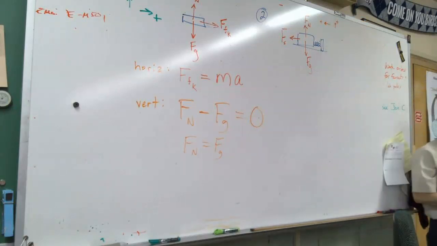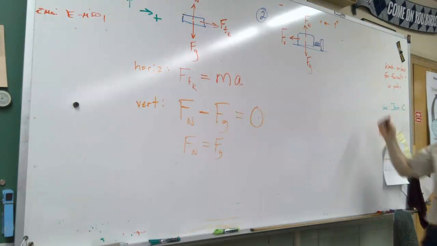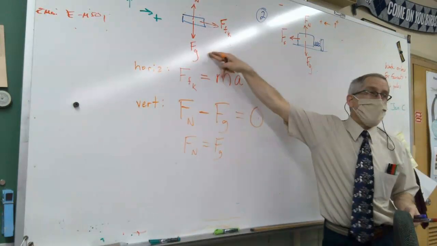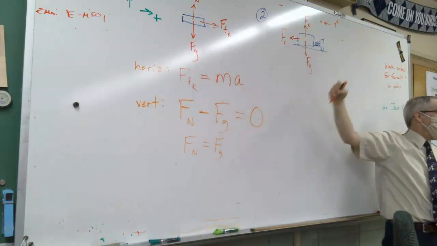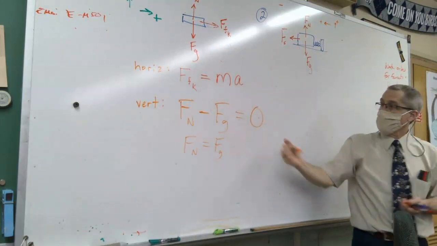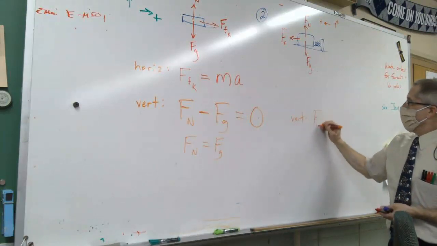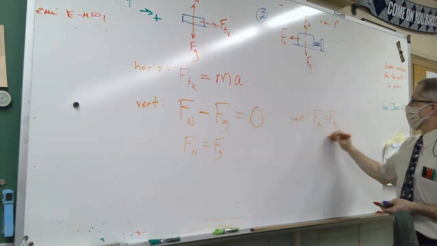And I'm going to call up positive like I did before. Just skipping to vertical, because this diagram matches the earlier diagram, we're going to have an identical vertical equation, still just a balance of forces. Fn equals Fg is my preferred way to write that.